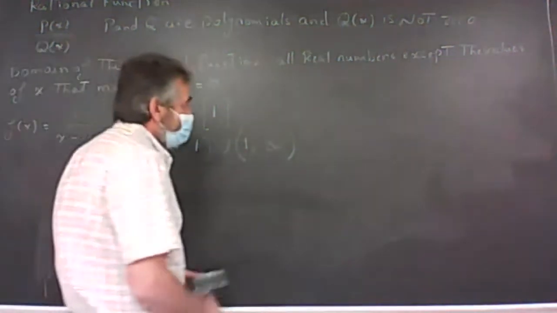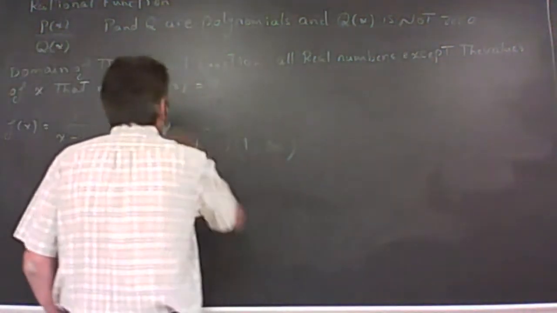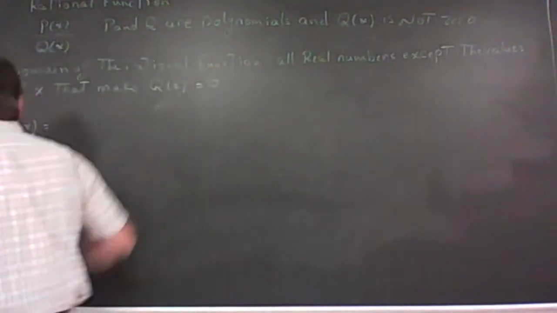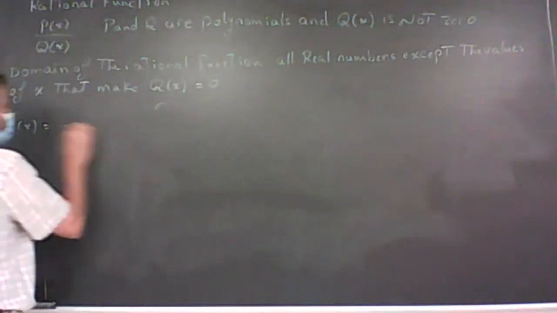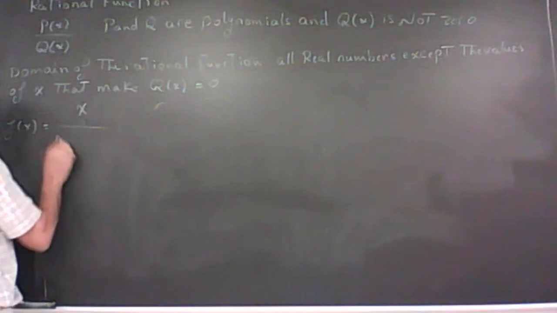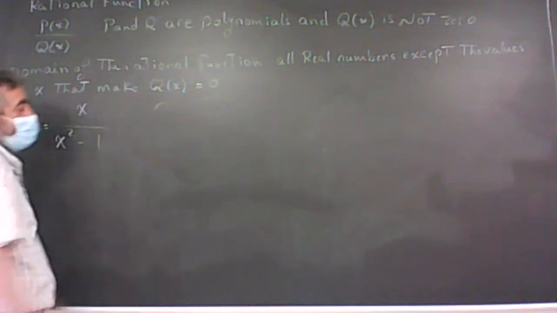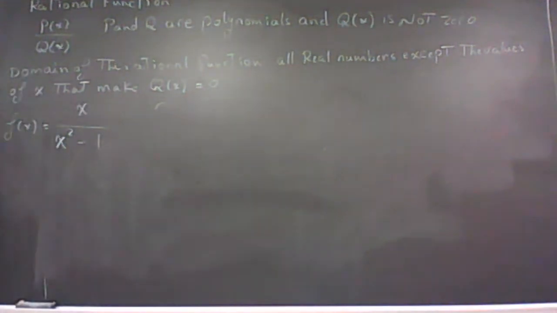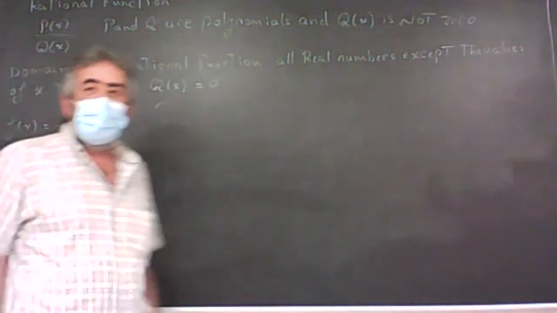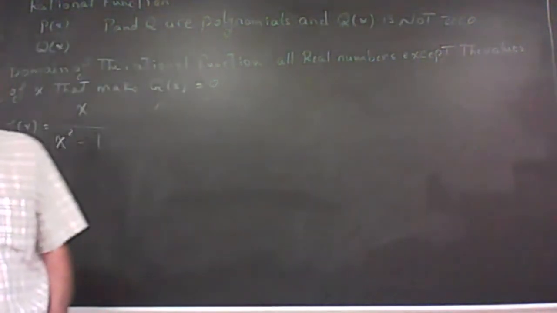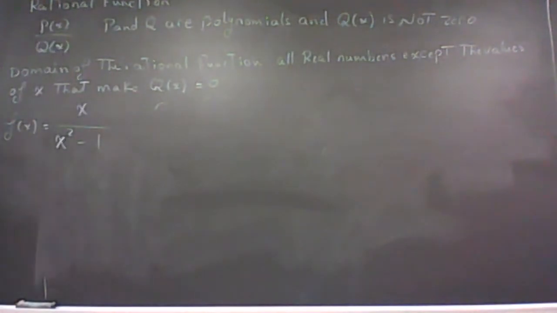All right. Let's make things a tiny bit harder. Suppose we have f of x is x over x squared minus 1. How do I find those zeros? Or how do I find those exceptions?